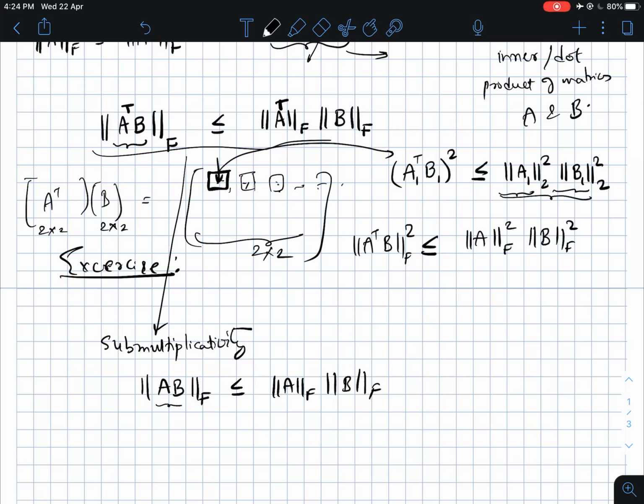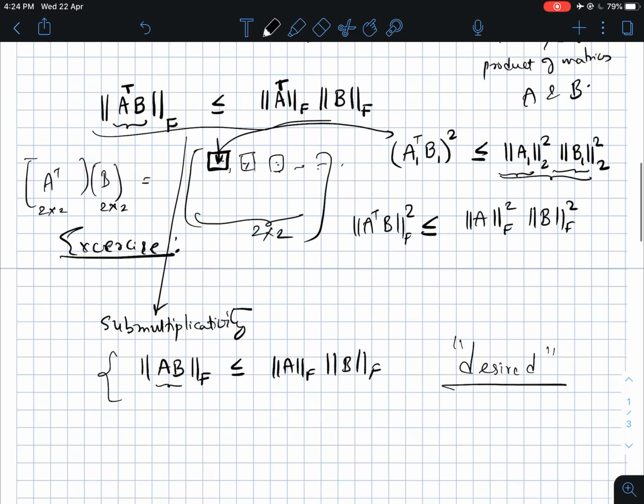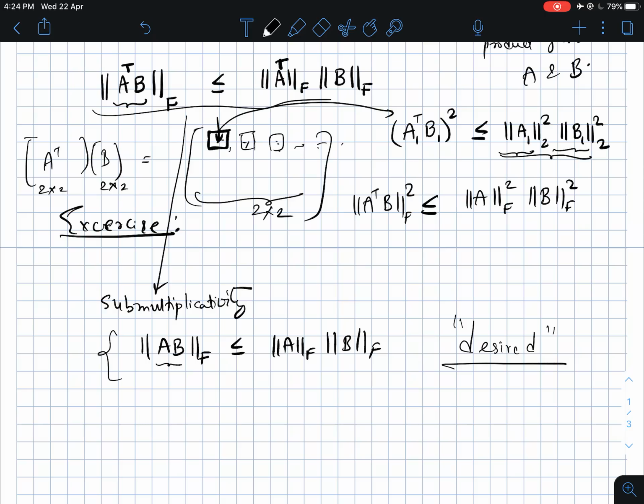It turns out that for many situations, many applications and many results, submultiplicativity is a very desired property. Going into too much detail is maybe not very productive at this stage, because it will go slightly out of the scope of what we're trying to do.